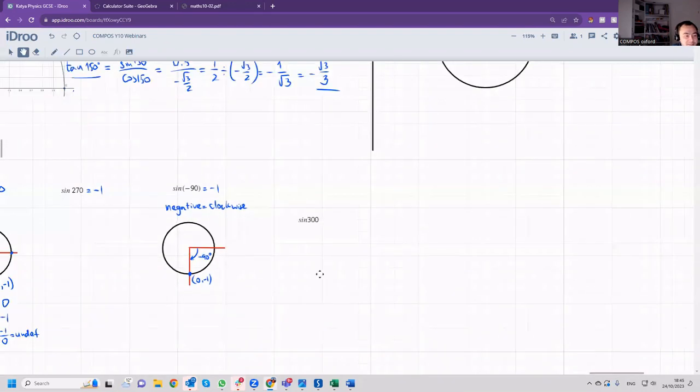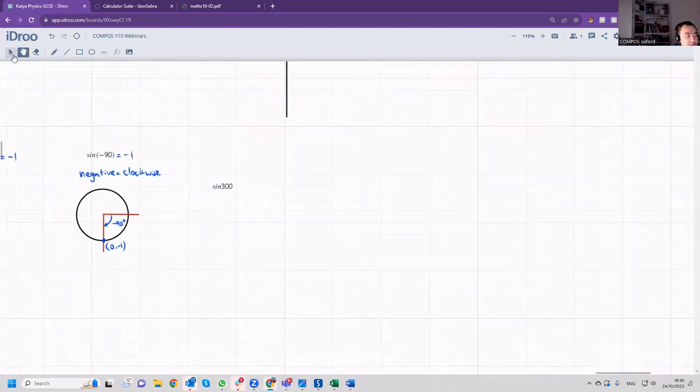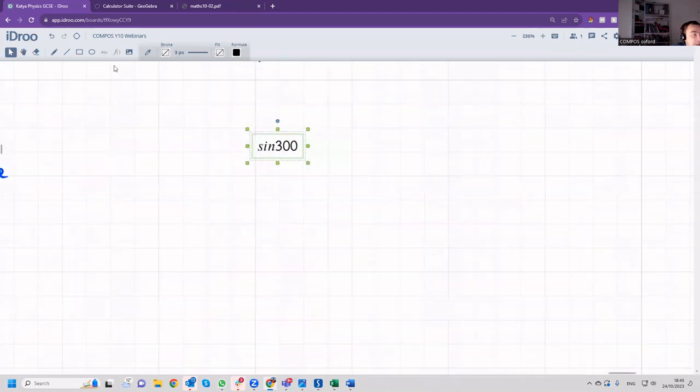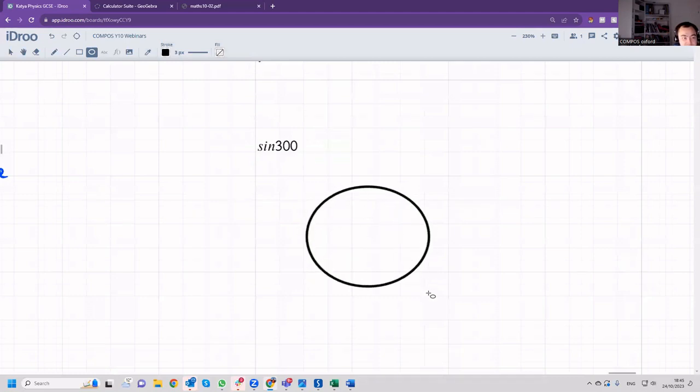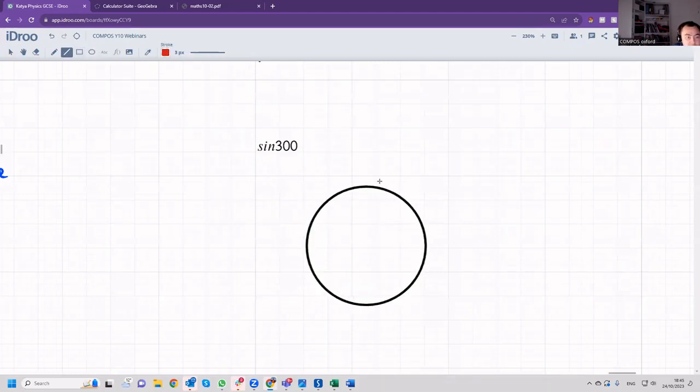So we've established that. Now we deal with slightly harder ones, which are not on the axes, but still very doable. 300 is all the way around the circle up to here.